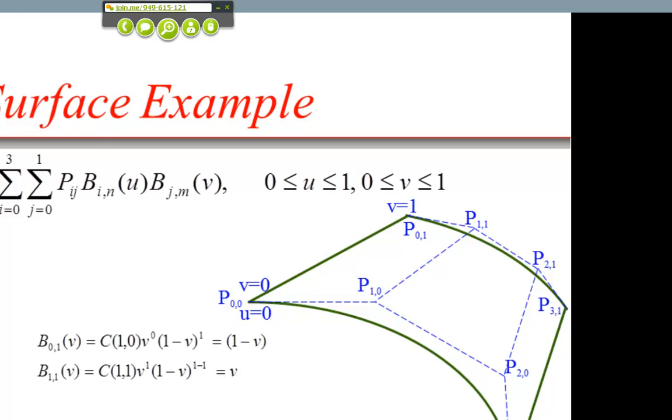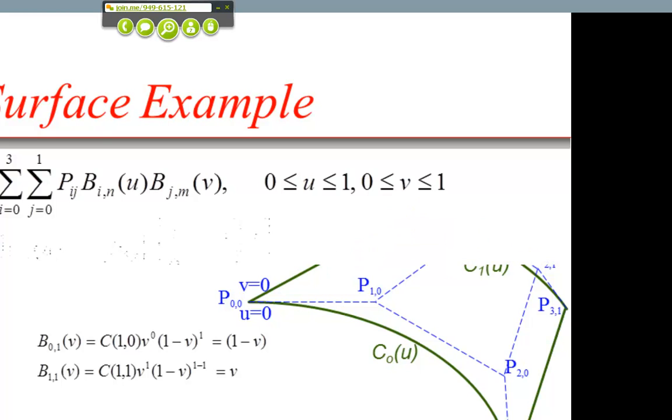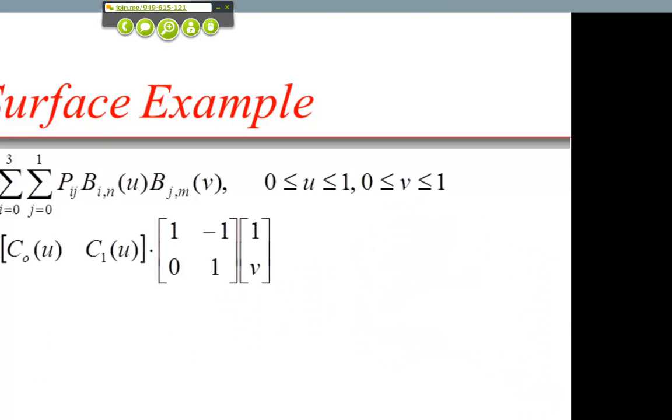So what are we going to do with this expanded polynomial thing? What did we do on the curve? We wanted to get it into a representation that the computer uses, which is what? A matrix representation. So we're going to take this equation at the bottom, and we're out of time, lay it out as a curve.